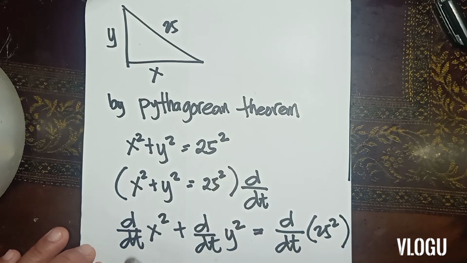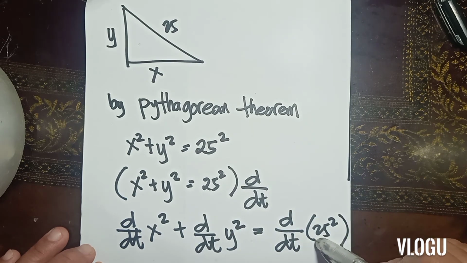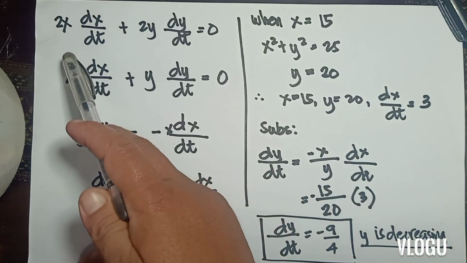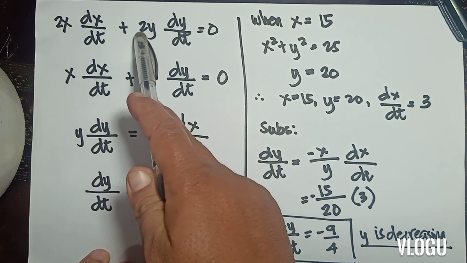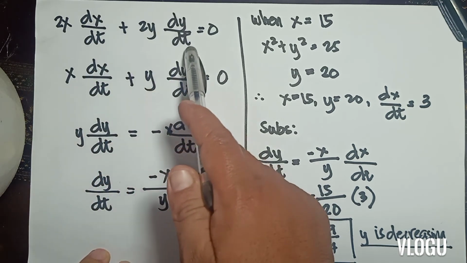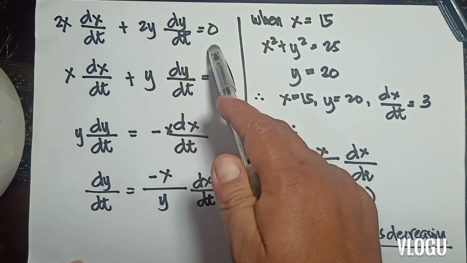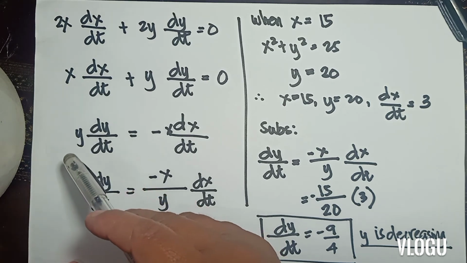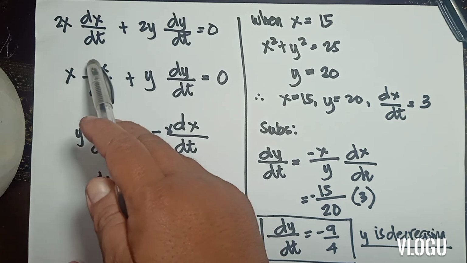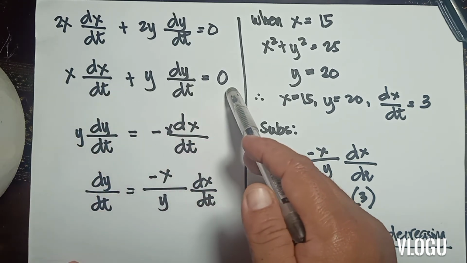Derivative of x squared is 2x, derivative of y squared is 2y, and the derivative of 25 is equal to 0 because that is constant. So we have 2x dx/dt plus 2y dy/dt equal to 0. Since 2 is common, that could be cancelled out. So x dx/dt plus y dy/dt equal to 0.